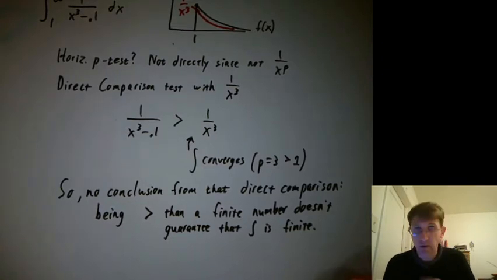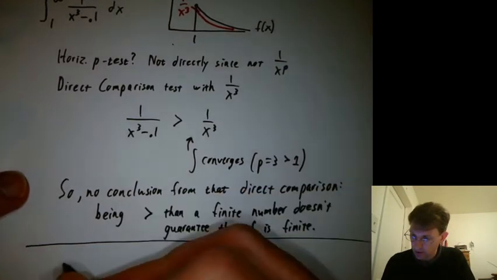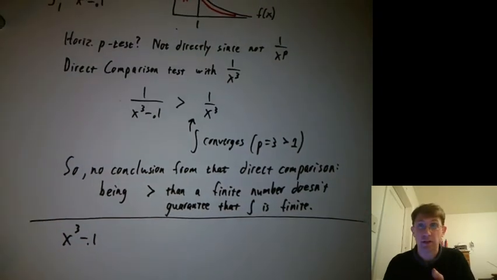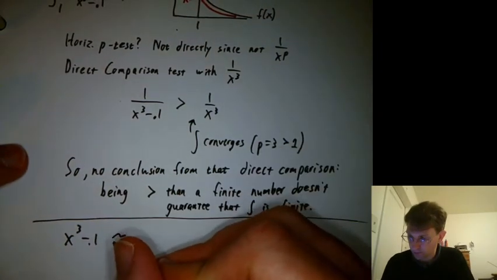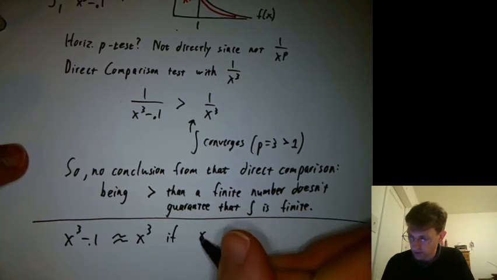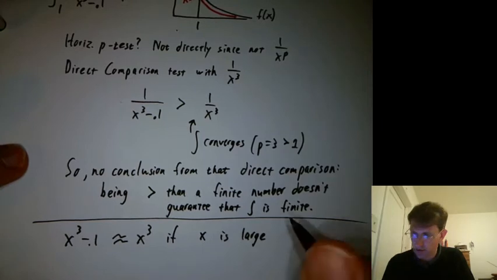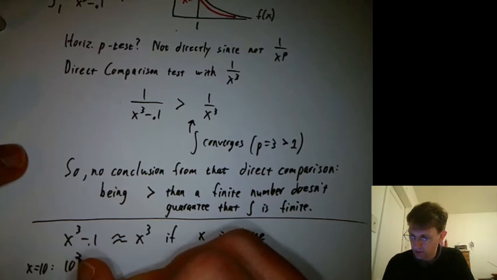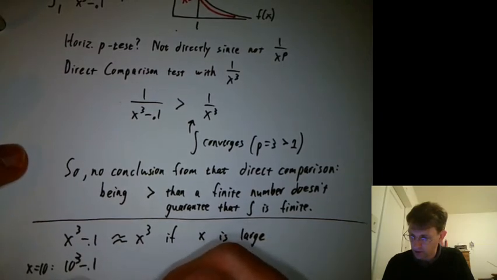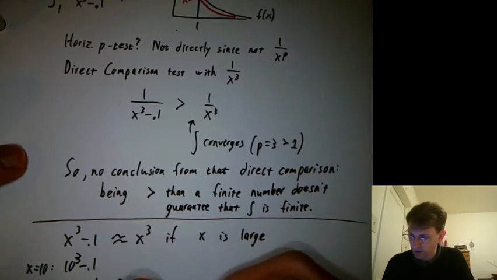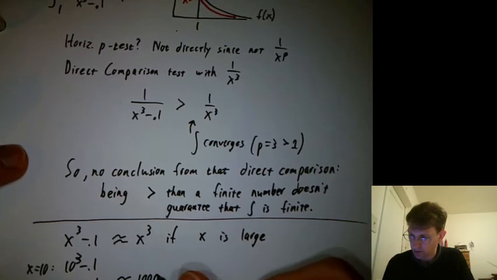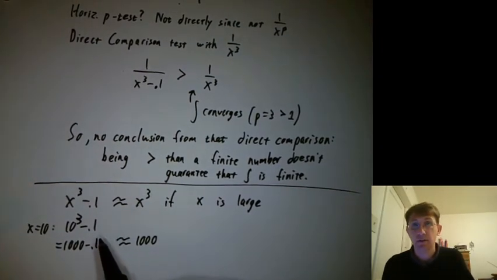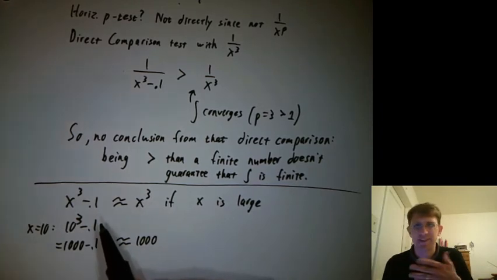Well, there's a few good ways. You could say that x cubed minus 0.1 is really, really close to x cubed, right, if x is large. Like if x is 10, then 10 cubed minus 0.1 would be 1,000 minus 0.1, which is pretty darn close to 1,000. So you might say, in the long run, as x goes to infinity, that 0.1 just doesn't matter, right?